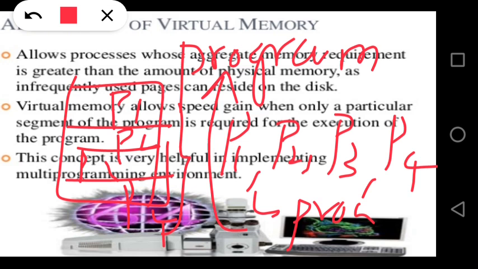What is the definition of a process? It's a part of a program that can be executed in any order. So P1 can be executed before P2, or P2 before P1, or P4 before P1. The program should be divided in such a way that its parts can be executed in any order.